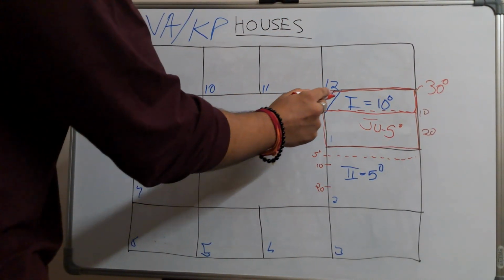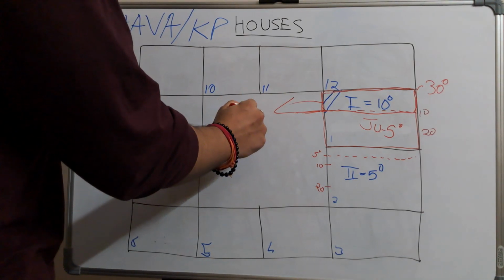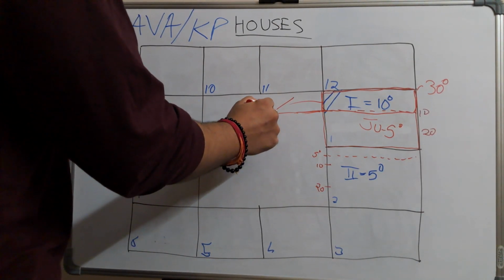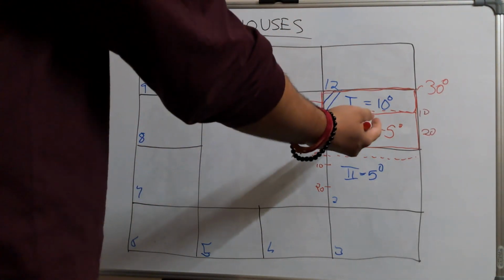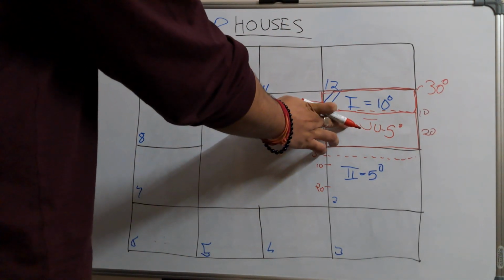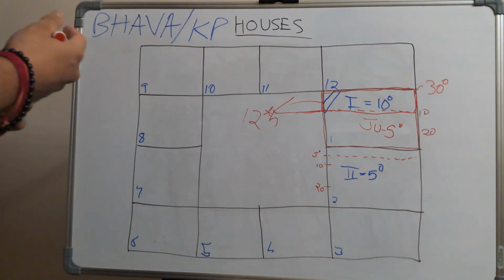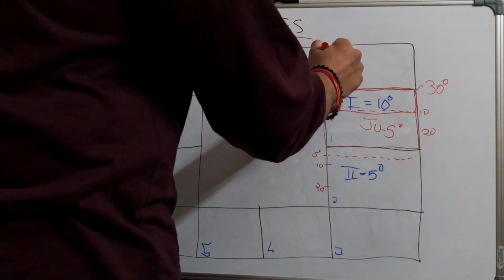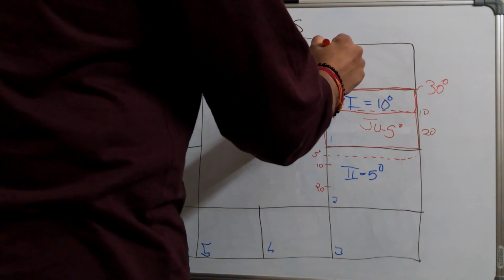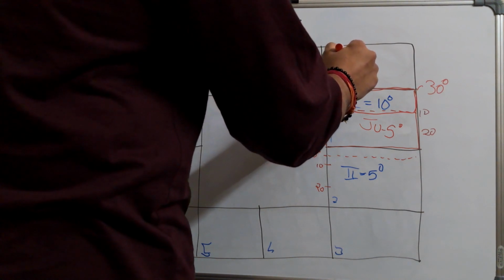So Jupiter is at 5 degree, so it becomes 12th house. Jupiter here, it may be written here, but the result that Jupiter is showing, let's say 12th house.